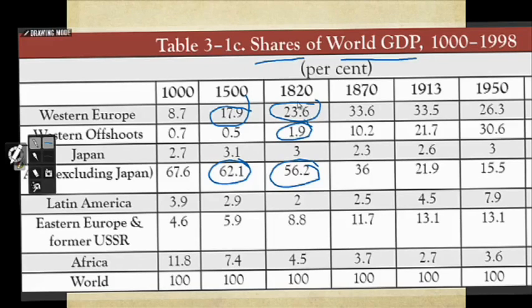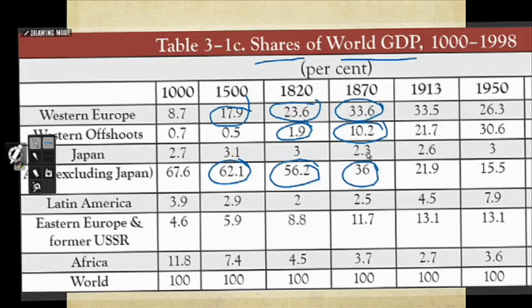Look at what happens between 1820, again, just that 50 years, to 1870. Quite a change. Western Europe's now producing 34% of the world's stuff. Its offshoots in the Western Hemisphere, or Australia, now 10%. Asia's proportion, 36.